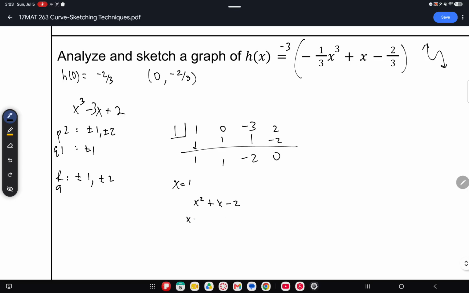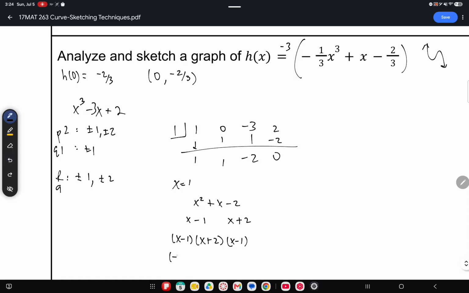So could that be factored? X, let's see, 1 and 2. We want -2, +1. Alrighty, so it looks like we could factor that to be x minus 1, x plus 2, and in the original we have a root of 1, so that's going to leave with x minus 1.